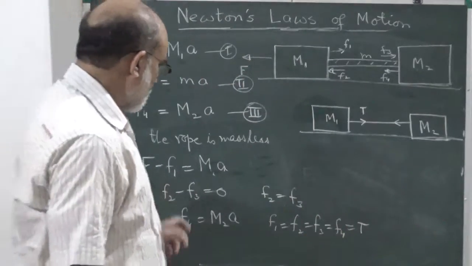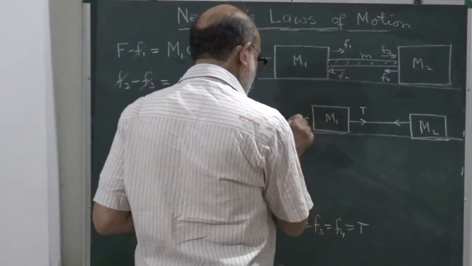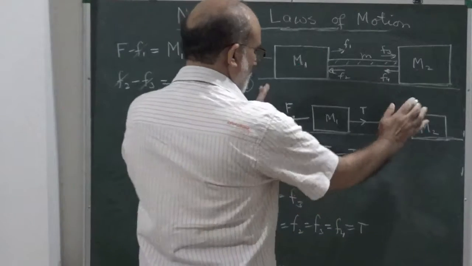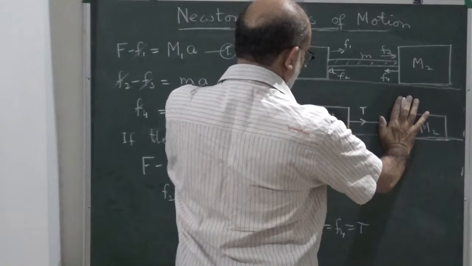So this equation becomes F minus T. F, you take only this one. This is your system.